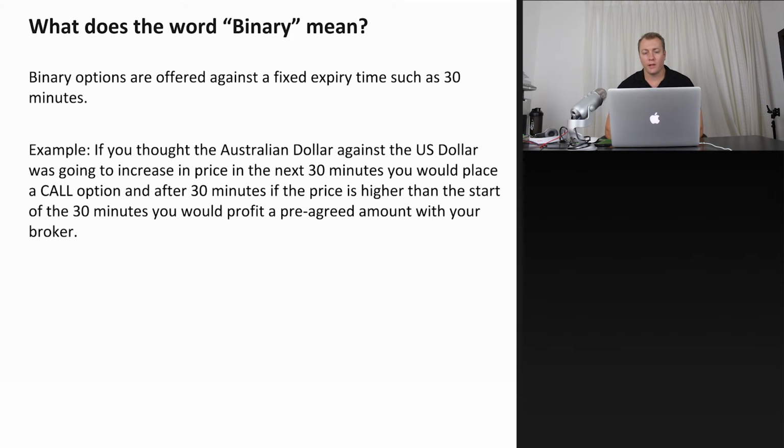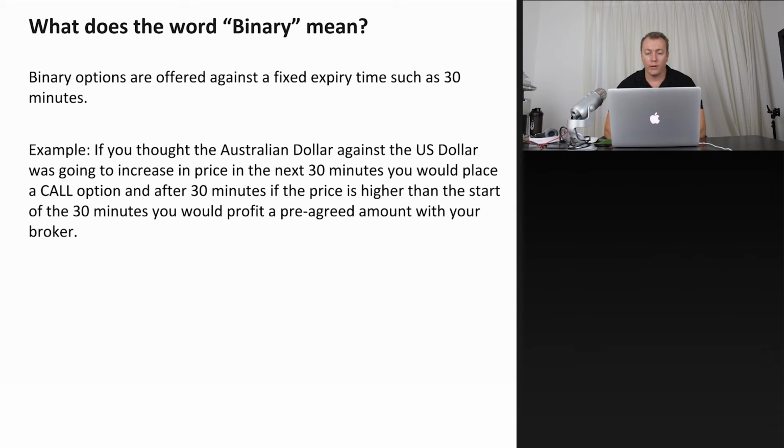So let's go through an example. If you thought the Australian dollar against the US dollar was going to increase in price in the next 30 minutes, you would place a call option, and after 30 minutes, if the price is higher than at the start of the 30 minutes, you would profit a pre-agreed amount with your broker.